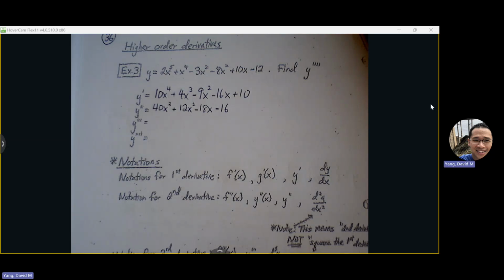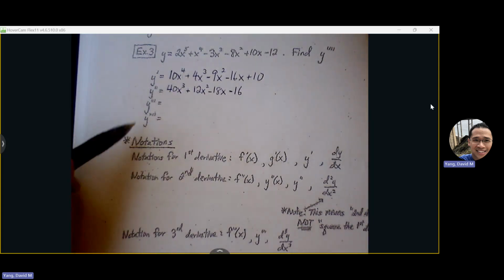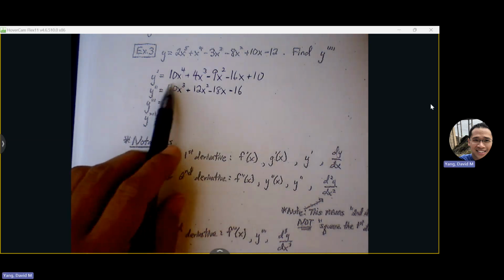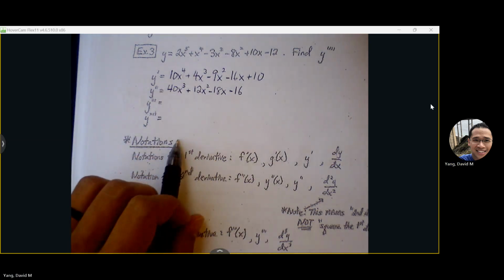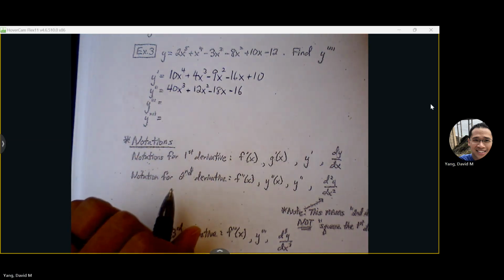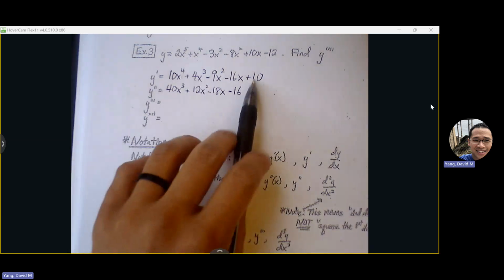What do you expect to happen with the degrees each time we find a derivative? They're going to keep doing what? Decreasing, right? And eventually, let's say we were making our way down to the fifth or sixth derivative, all these terms will do what? Yeah, they will eventually zero out.